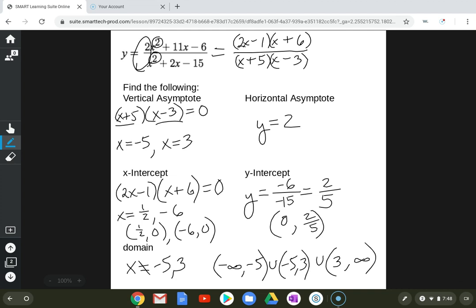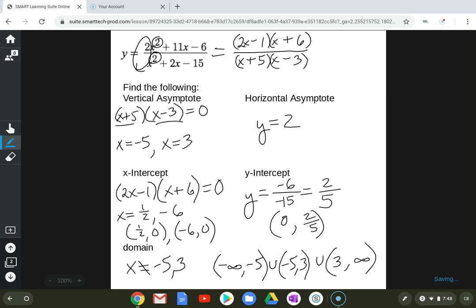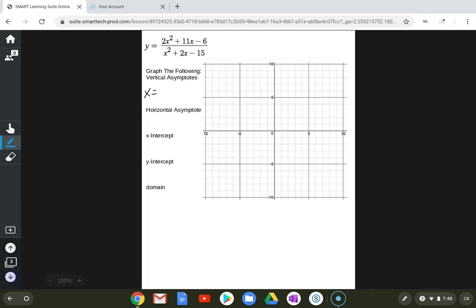And now you know what's coming. We're going to sketch the graph. All right, so we have vertical asymptotes. I'm going to rewrite these real quick, let's just review. So x equals negative 5, x equals 3. Horizontal asymptote at y equals 2.